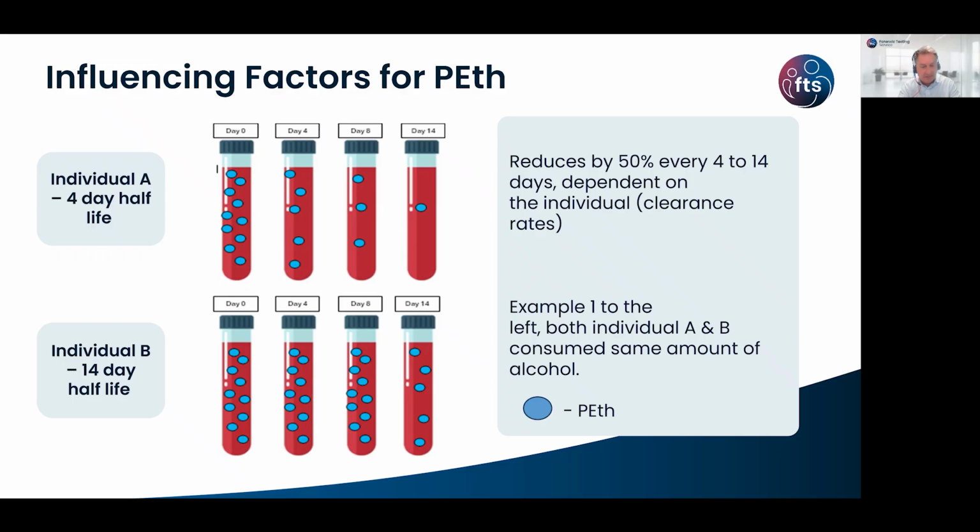And you can see the dramatic difference as we go through to day 4, day 6, and day 14. If you look at day 6 for individual B compared to day 6 for individual A, there's a massive difference in the levels of PEth within the bloodstream, and also on day 14 as well. There's a lot more PEth created or still existing in individual B.